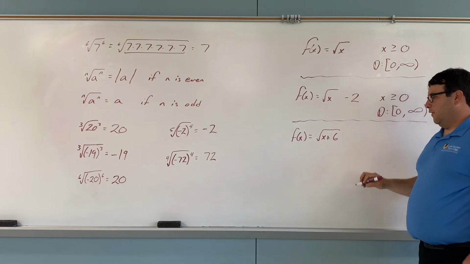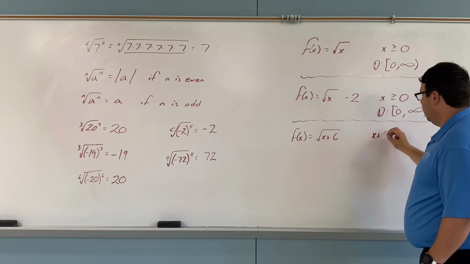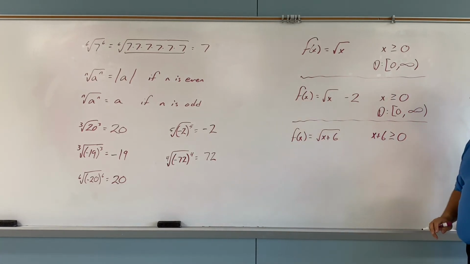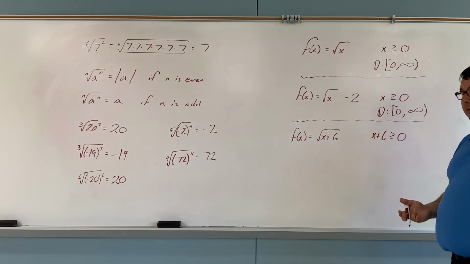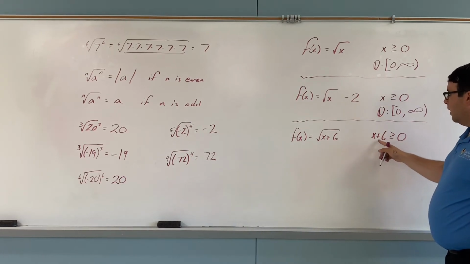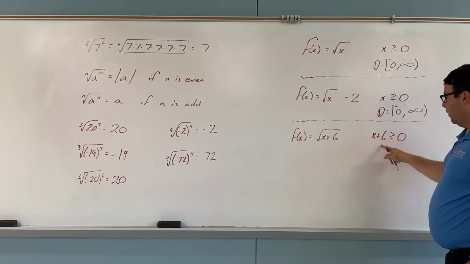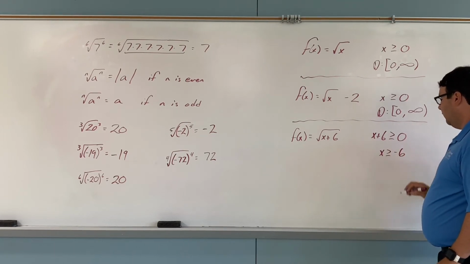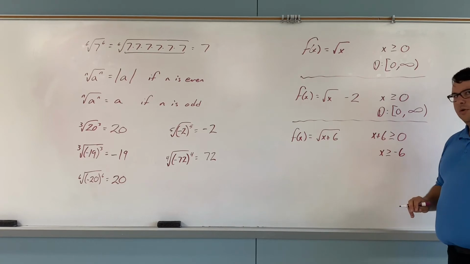What I would do is I would set my radicand so that it is greater than or equal to 0. Same exact process. But now I have a little bit of work. So let's try something. Let's go ahead and solve this out. So I subtract 6. I know x must be greater than or equal to -6. Ooh, a negative value.